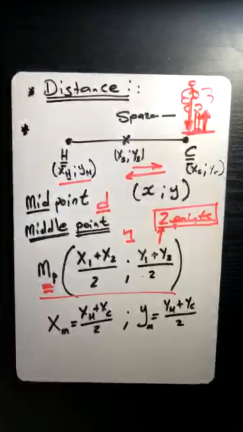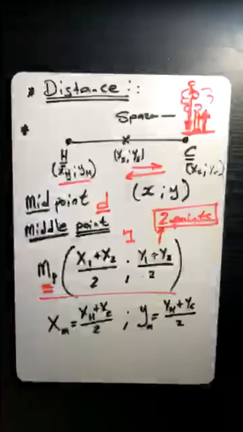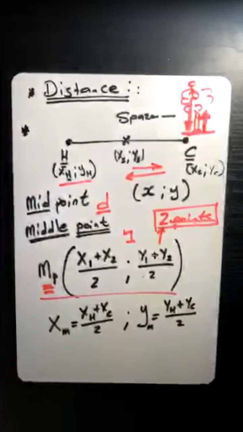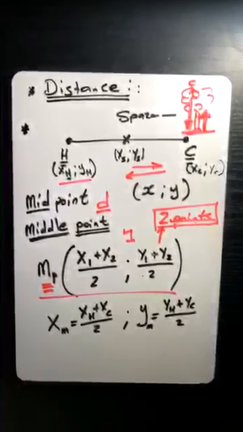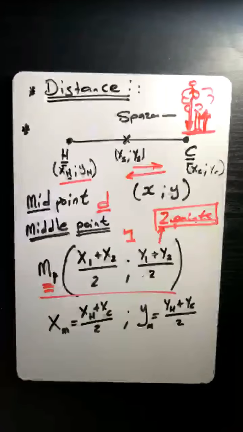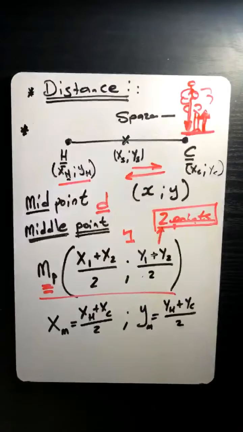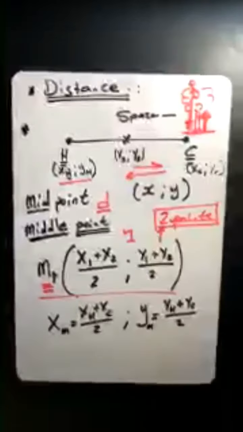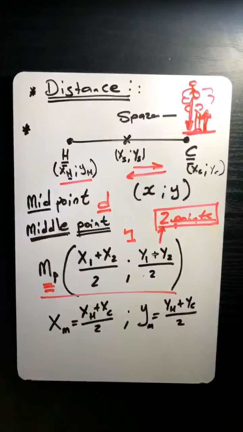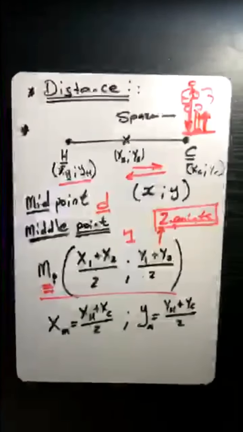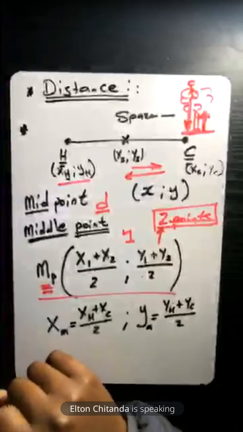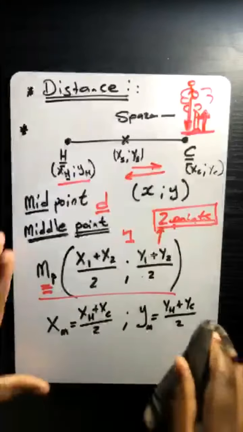Amogelang. Onkamogetse, are we okay that side? Elton? Yes, sir. Okay, 100%.